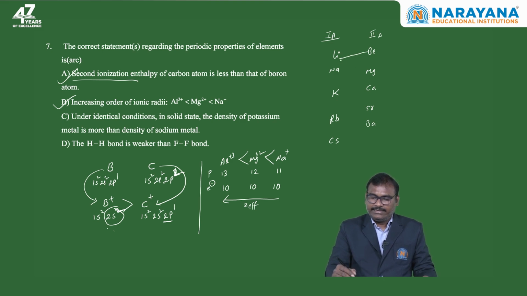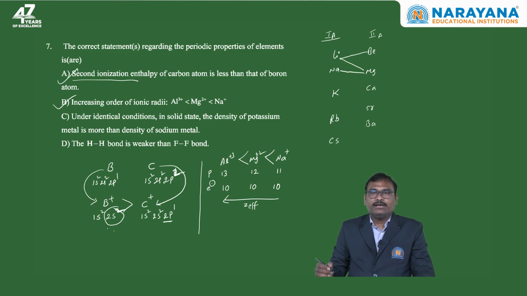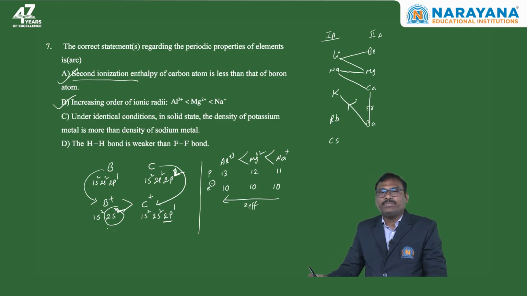Beryllium size is lesser than lithium. Lithium size is lesser than magnesium. Magnesium size is bigger than sodium. Sodium is smaller than calcium, and all these things. My potassium is even bigger than barium.